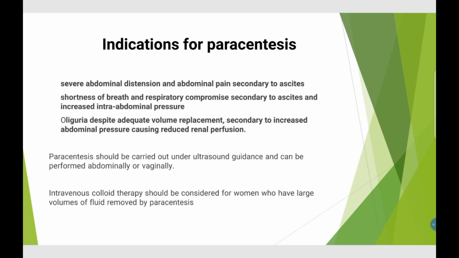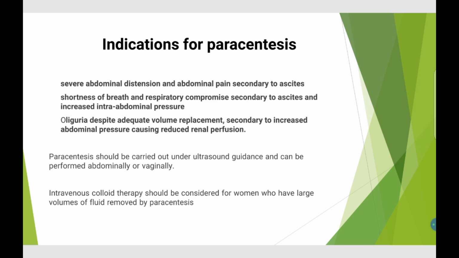Now, what are the indications of paracentesis? Indications include severe abdominal distension and abdominal pain secondary to ascites, shortness of breath and respiratory compromise secondary to ascites and increased abdominal pressure, and oliguria despite adequate volume replacement, secondary to increased abdominal pressure causing reduced renal perfusion.